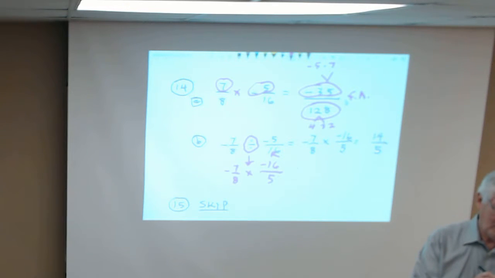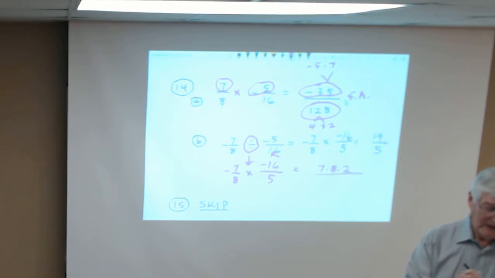And what does that equal? Well, that would be, what's a negative times a negative? Positive. So I would have 7 times 8 times 2 over 8 times 5. Why did I rename 16 as 8 times 2? Why do you think I did that?